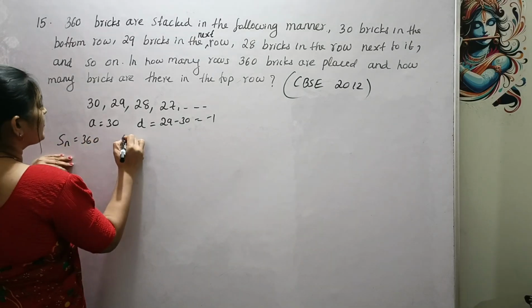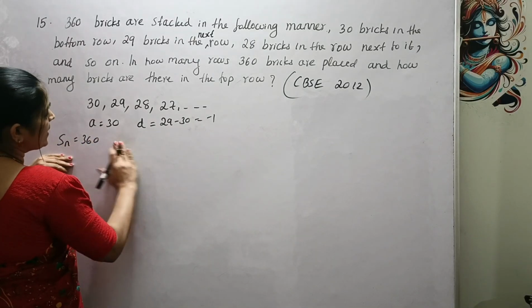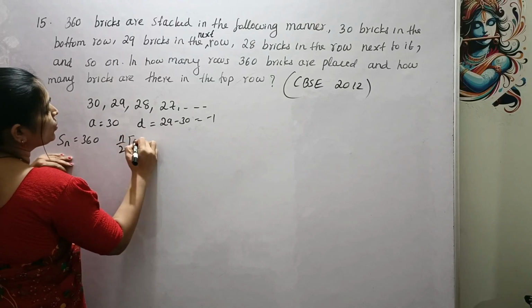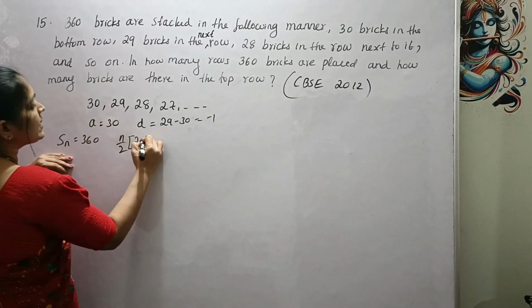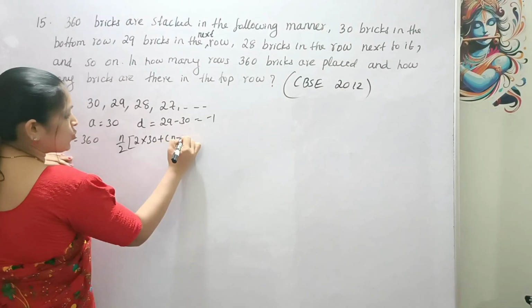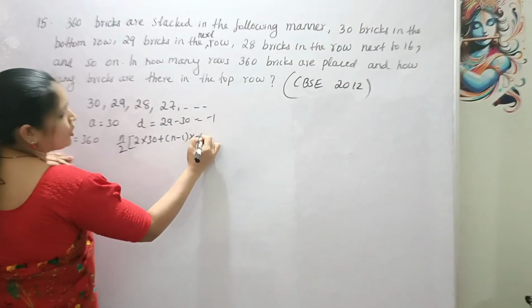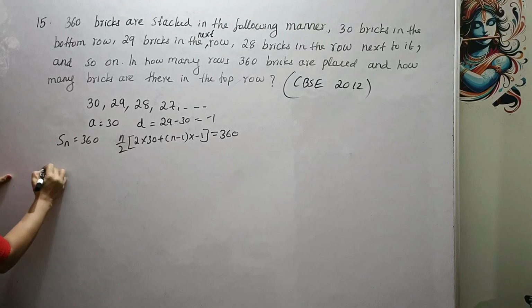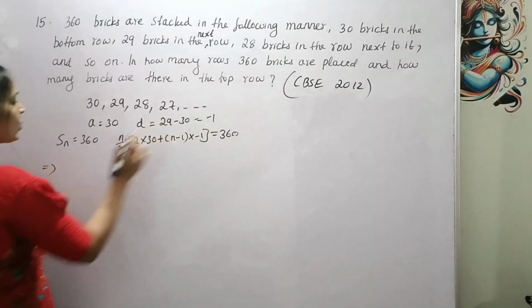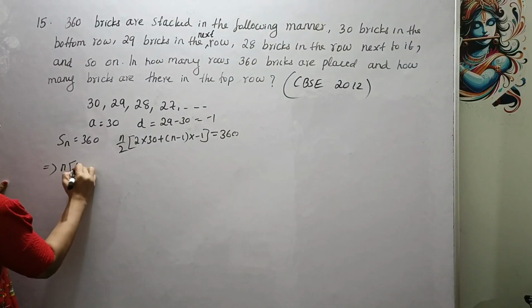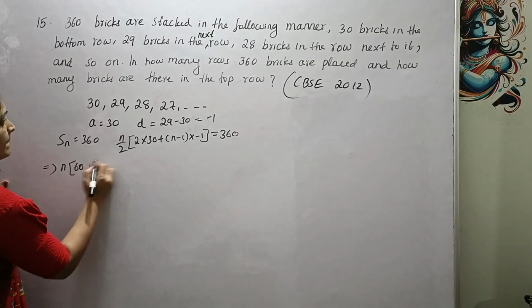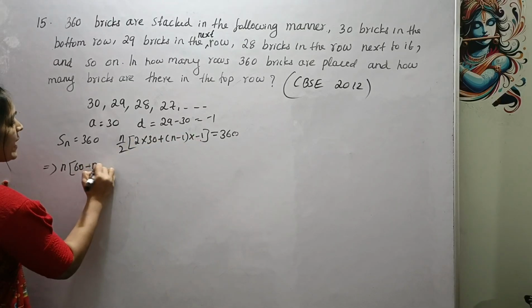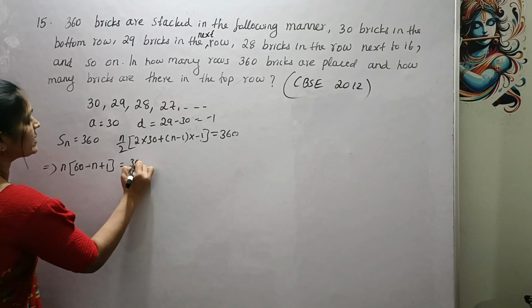Now what is Sn? Sn is equal to n by 2 into 2 into a, that is 30, plus n minus 1 into d, that is minus 1, is equal to 360. That implies, take this 2 here. So n into 60 minus 1 into n minus n plus 1 is equal to 360.